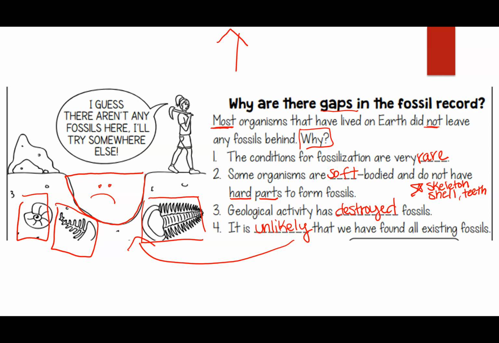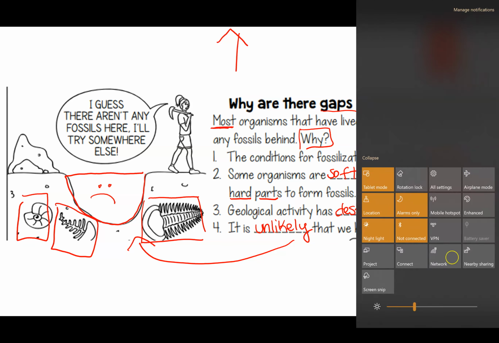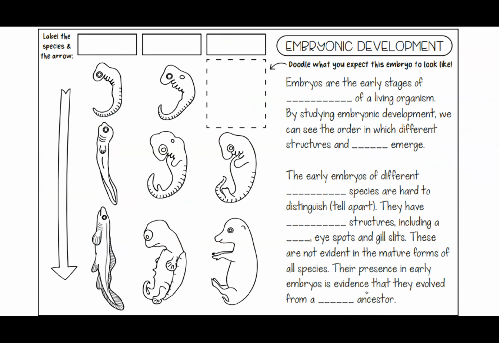You're going to go to your next page for notes. All right, this is page number 2 for your evolution notes. And we're going to start right up here where it says embryonic development. Here's some more evidence for evolution. Okay.